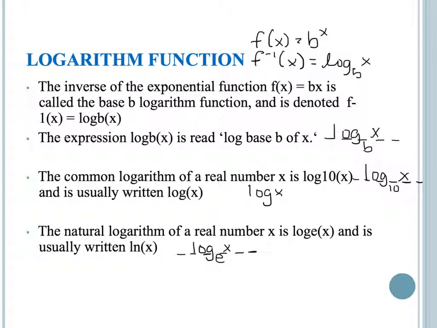And we often see the ln for natural logarithm. The letter e, that 2.718 big long number, is not included with ln, so we would just see something like the ln of x.